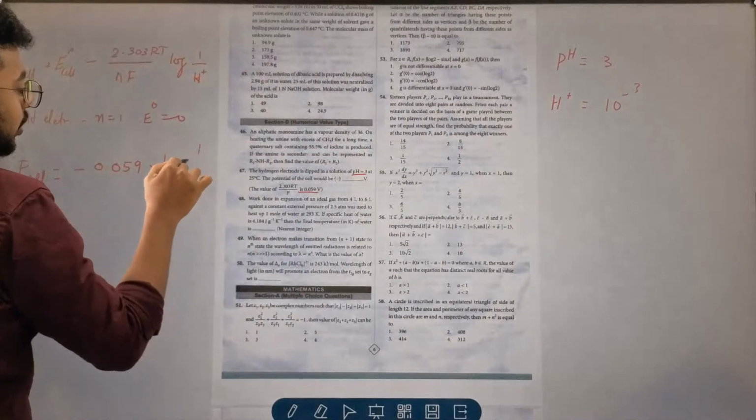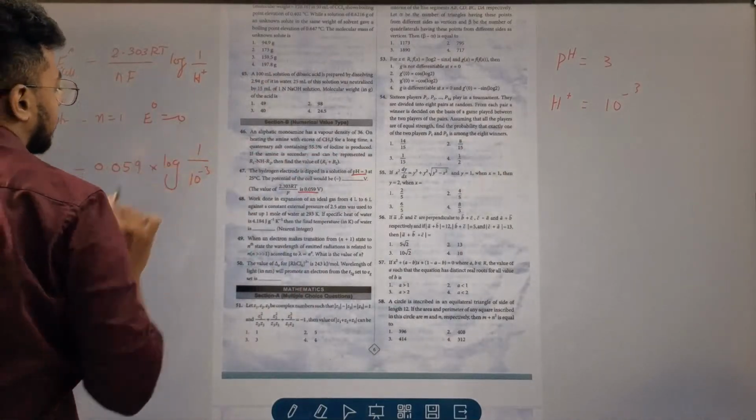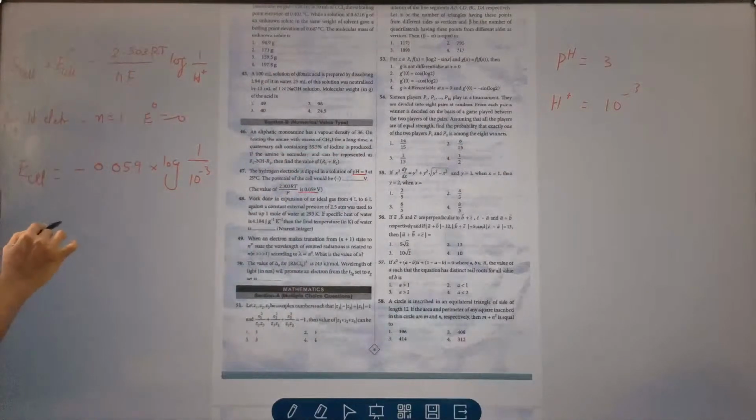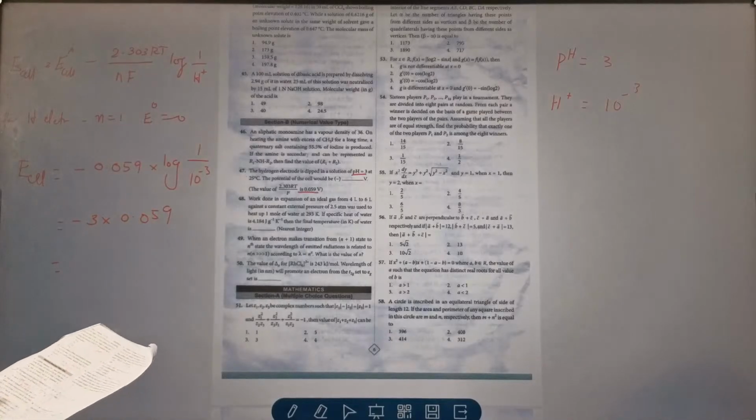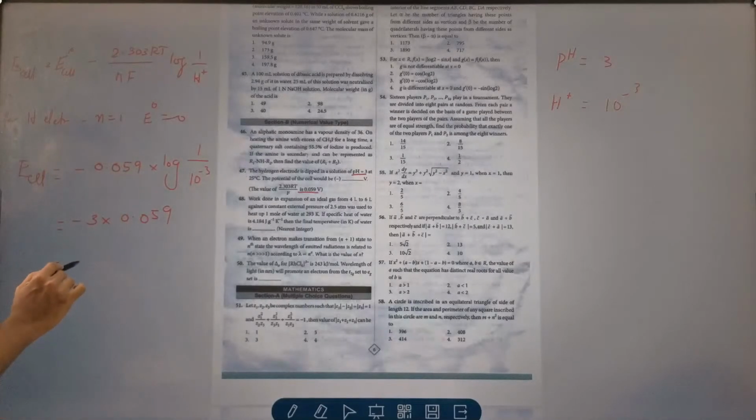So log of 1 by 10 raised to minus 3 becomes log 10 whole power 3, which is 3 multiplied by log 10 to the base 10. Log 10 base 10 is 1. So it is minus 3 into 0.059, that is approximately minus 0.177 volt.